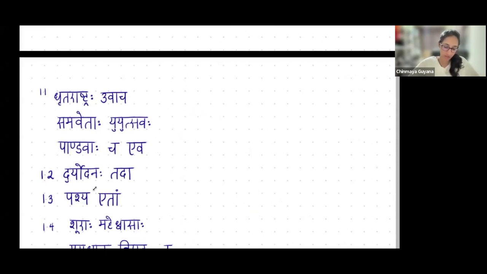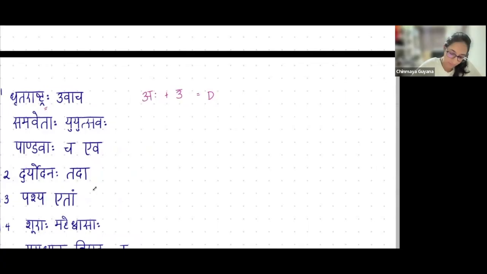Dhritarashtraha uvacha. So the sound that comes over here just before Visarga is a. You have aha plus u. If you check your Sandhi rule table, you'll see that the answer for that is dropped.